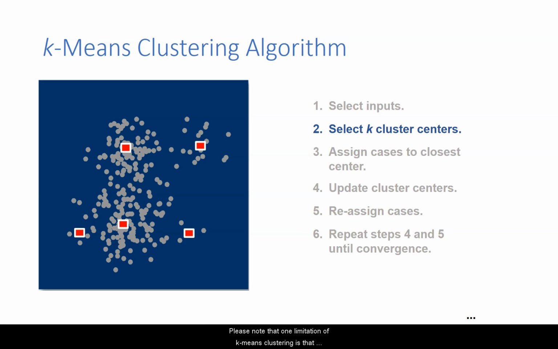Please note that one limitation of k-means clustering is that different initial starting points can lead to different resulting cluster structures. Therefore, sometimes it is recommended that k-means clustering be performed multiple times using different initial starting points, and then pick the most meaningful cluster structure as the final result.